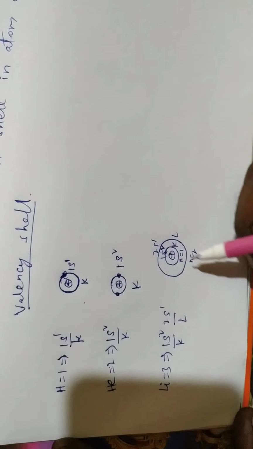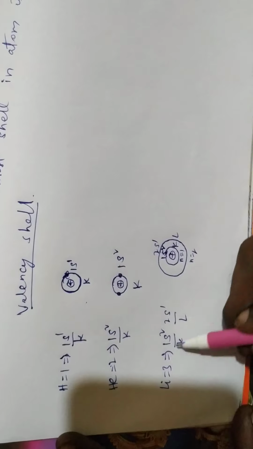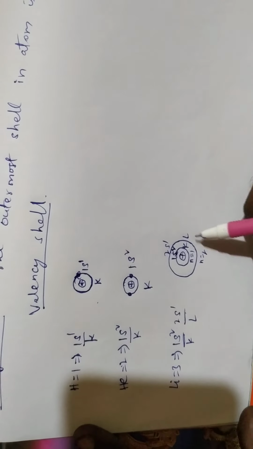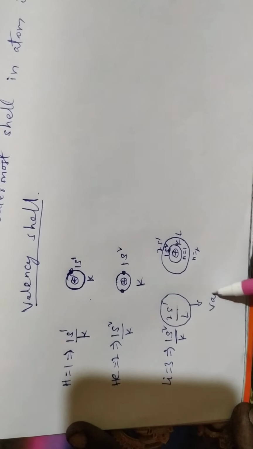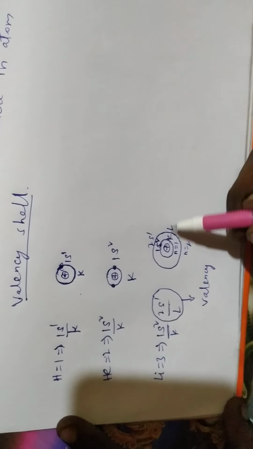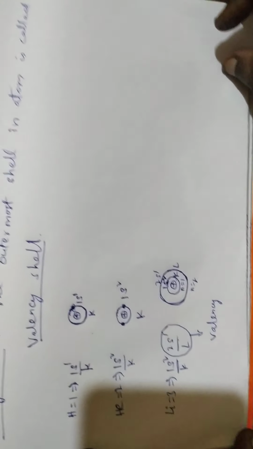Now the L shell is the valence shell. The L shell is the outermost shell of lithium.